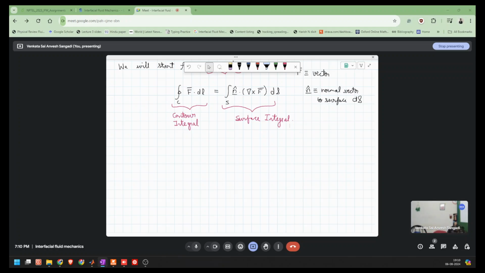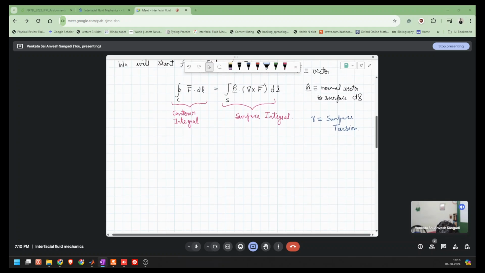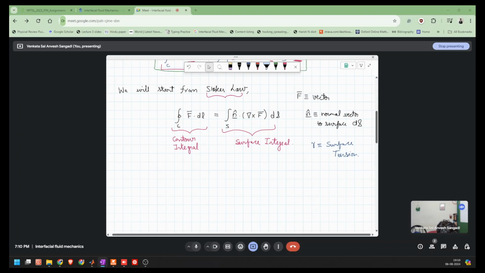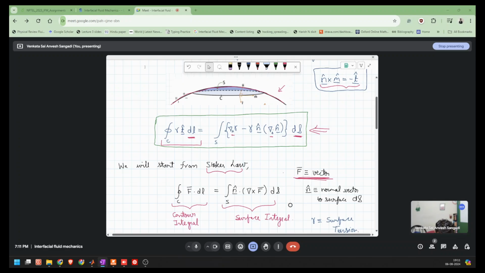Here, surface tension is gamma. Here in this law, f is a vector and n is the normal vector to the surface ds. If we see above, n is normal to the surface.